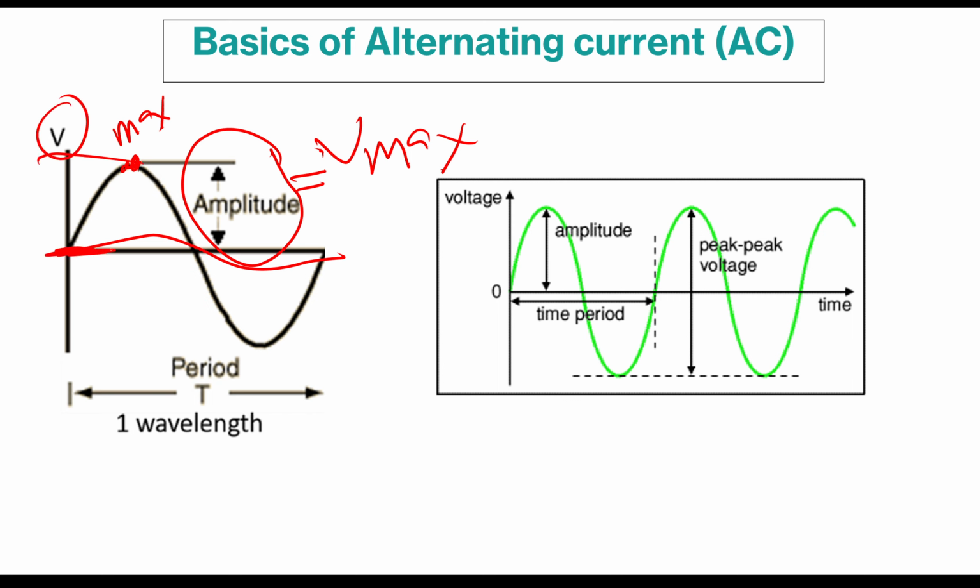This is the amplitude, from the maximum point to the zero line, the time axis. And from this maxima to this maxima, this is known as the peak to peak voltage.